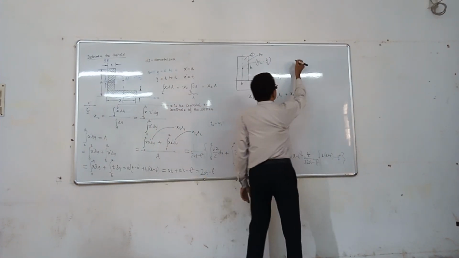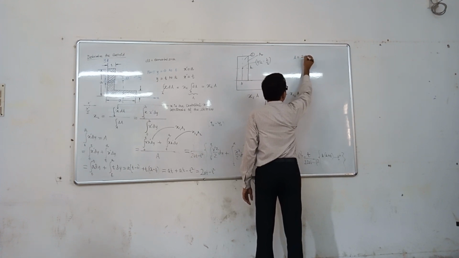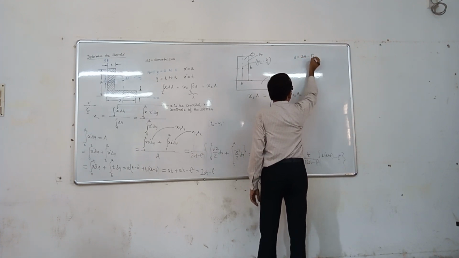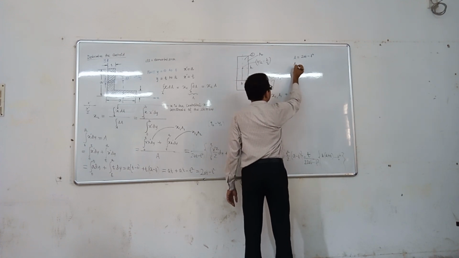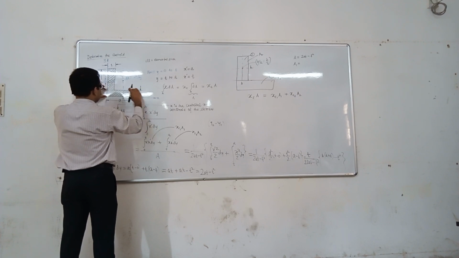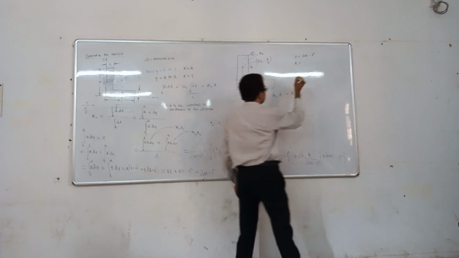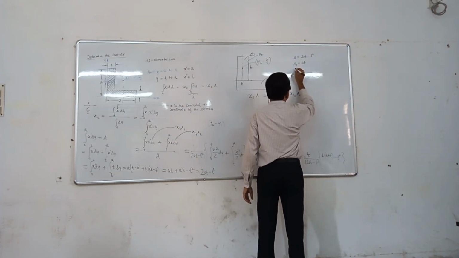So now I will write simply, what is area? Total area is a squared minus t squared. What is A1? This area, what is this area? 80. And what is A2?